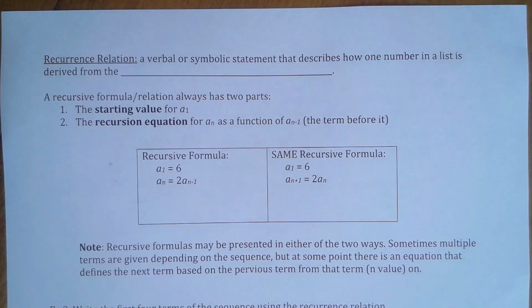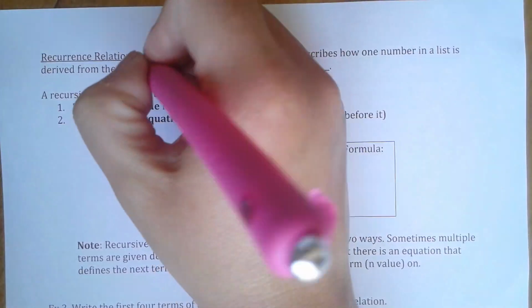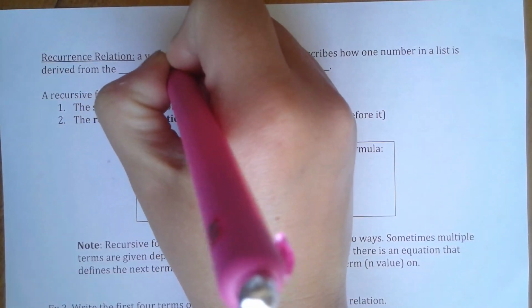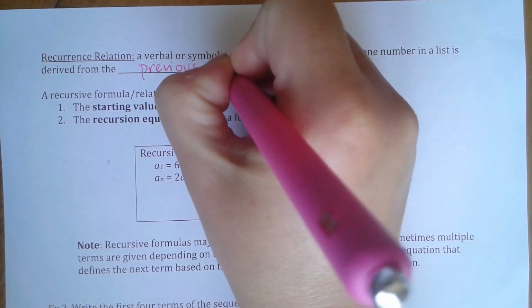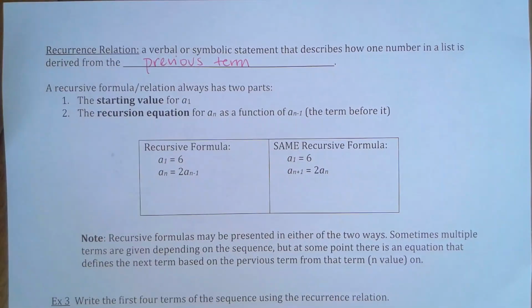Recurrence relationships are basically a statement that uses the previous number for its formula, for its equation. So it's something that is derived from the previous term. Now, we should have done this back in Algebra 2, so you should have known at least what a recurrence relationship is and that idea of seeing some of this notation.